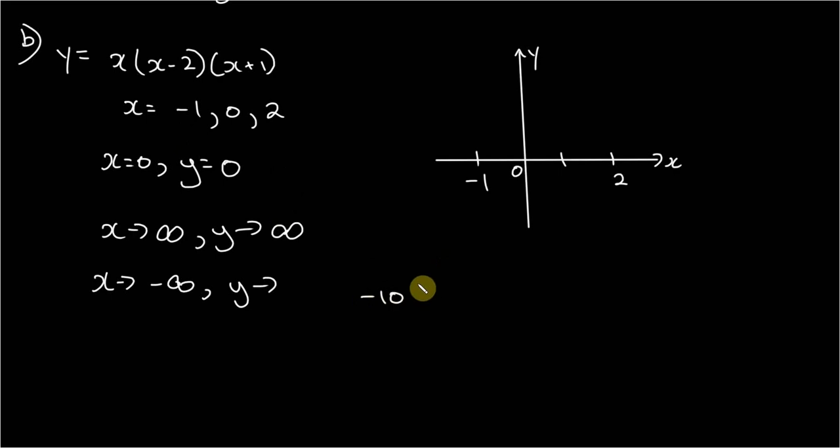We'll use negative 10, again just an arbitrary number. 10 times negative 10 minus 2 times negative 10 plus 1. And you may already be able to predict what's going to happen here just by evaluating the signs, but this is negative 12 and this is negative 9.